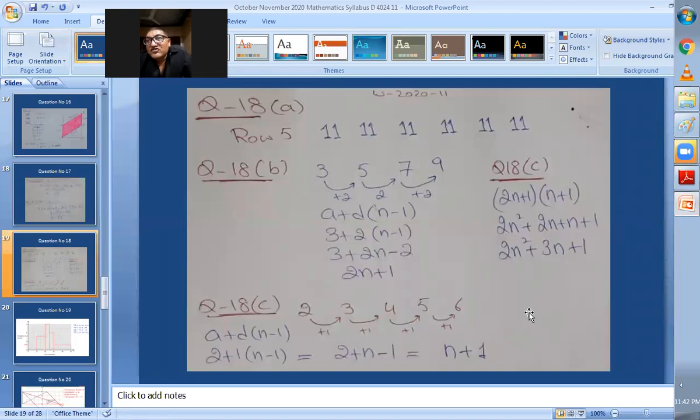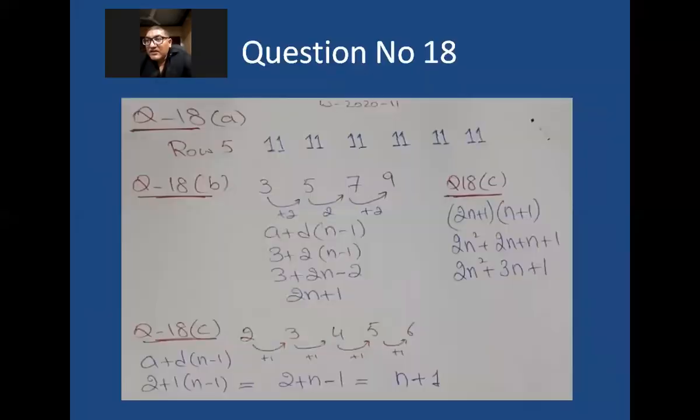I've done this. So 18C part, you can see on your screen. So this part I'm talking about. So 18C, you can see this is the number which showed up, its nth value is 2n plus 1, and how many times that appears in a row, that is n plus 1.